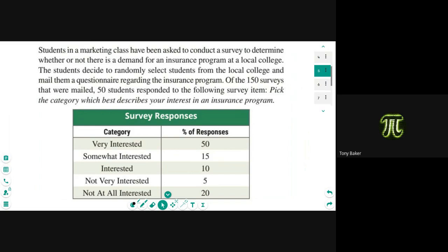Okay. So here's the question. Remember, that would eliminate some bias, but would it be random? If I asked everybody in this class, would that be a random sample of the college? Yeah. That's the key.